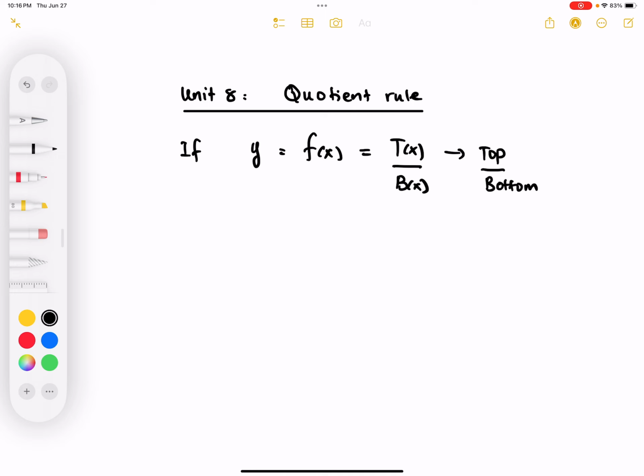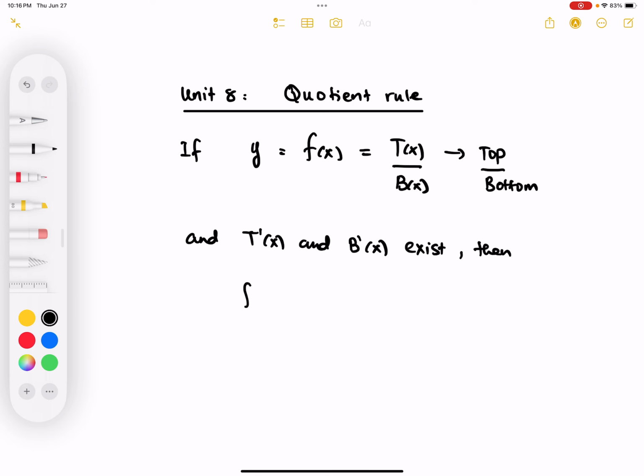So T stands for the top, B stands for the bottom. Here, if T's derivative at x and B's derivative at x exist, then we have the following.